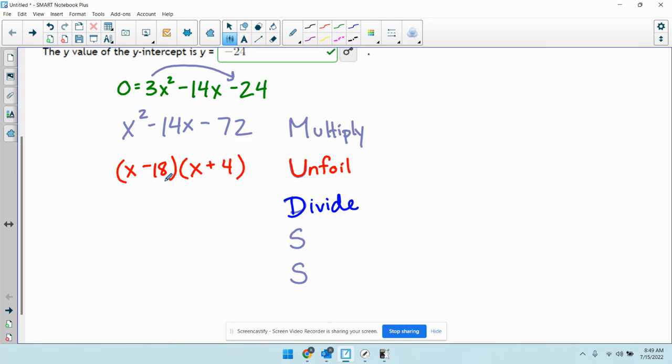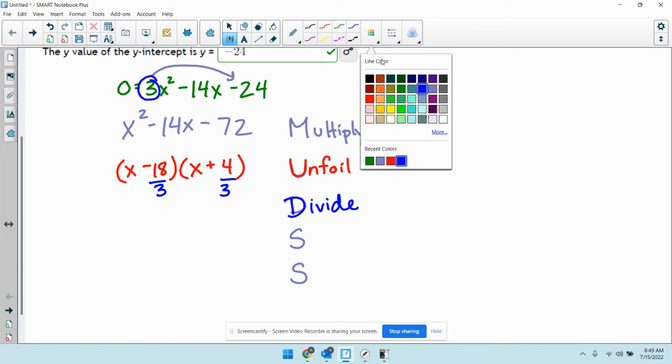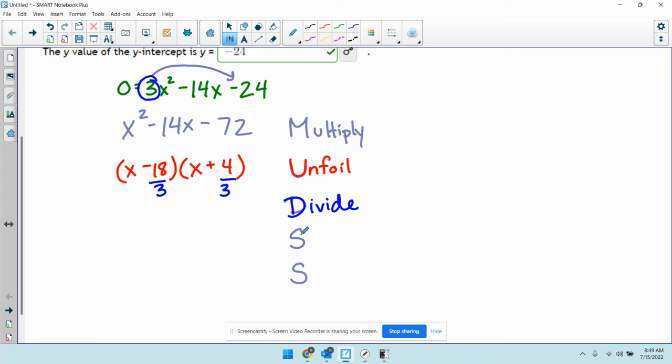Now, moving right along, the first D is going to be divide. So we're going to take these numbers in our factors and divide by the original coefficient we multiplied by. From there, we're going to go to the first S, which is simplify. Either term that reduces, we're going to reduce. So this is x minus 18 over 3 is 6.